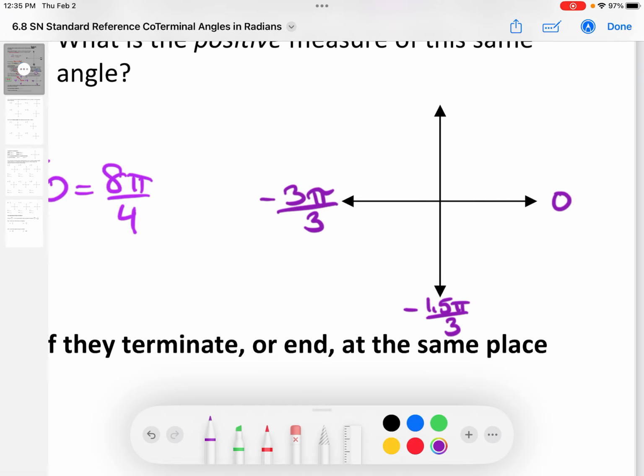So what this tells us is that from 0 down is negative 1.5 pi over 3. So then 3 pi over 3, another 1.5 would be 4.5 over 3, and it will still be negative. Add another 1.5 to that numerator, and we get 6 pi over 3, which really is 2 pi. So this is how we number the unit circle in radians. It's okay to mix those decimals and fractions.